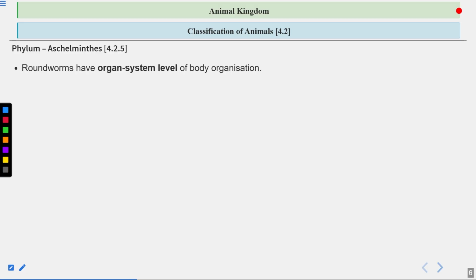Roundworms have the organ system level of body organization. Now, this is one of the advanced features. We have started from the cellular level of grade of organization. Then came the tissue level grade of organization. Then came the organ level grade of organization. The very last phylum, the Platyhelminthes, has organ level of organization.